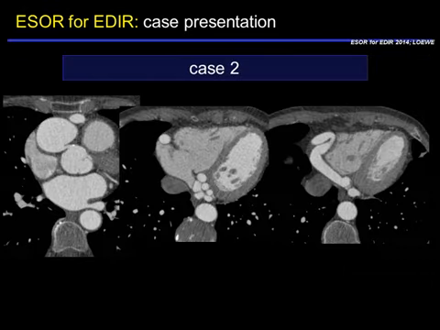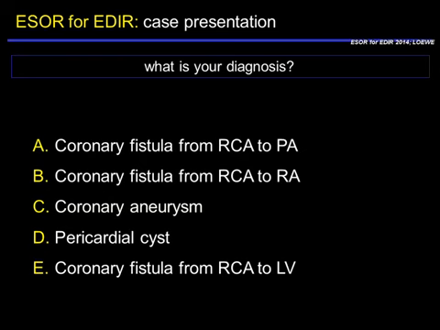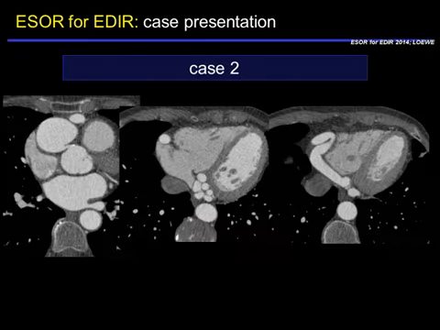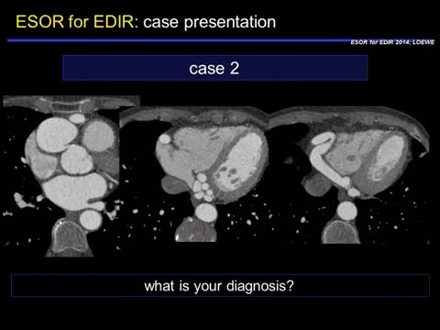Is it a coronary aneurysm? Is it a pericardial cyst, or is it a coronary fistula from the RCA to the left ventricle? So it's not only the diagnosis, because we have seen the image in my presentation before, but also the origin and the end.